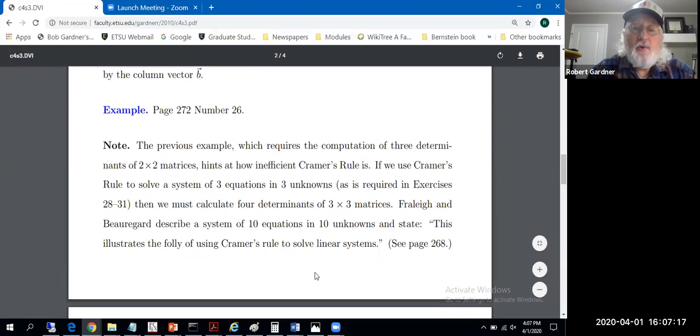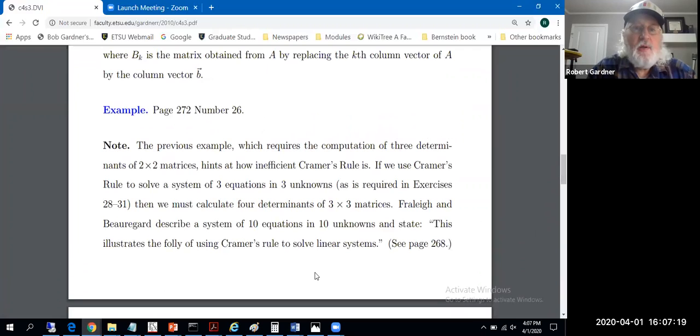There's a cute quote in our textbook. We just saw for 2 equations and 2 unknowns, we needed 3 determinants of 2 by 2 matrices. If we use Cramer's rule for 3 equations and 3 unknowns, that'd be 4 determinants of 3 by 3 matrices. Fraleigh and Beauregard describe what would happen in 10 equations and 10 unknowns.